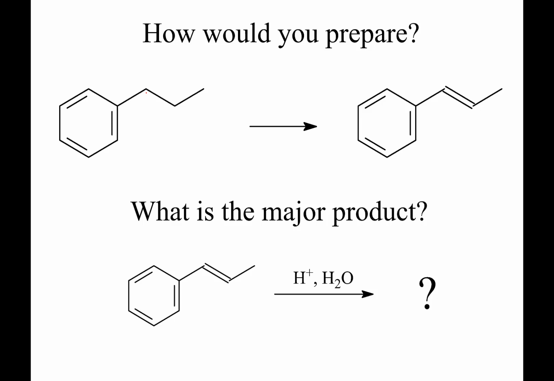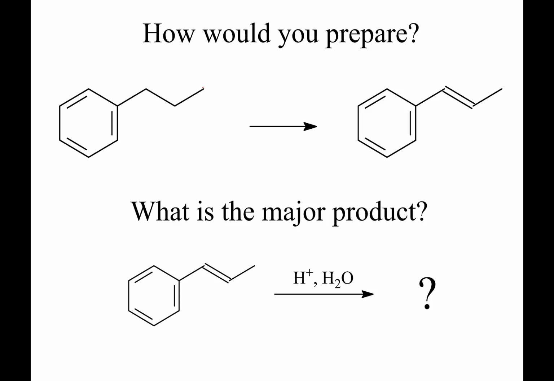Do free radical halogenation to put something on the benzylic position. So let's start with a free radical halogenation. Of all the reactions that I know that I can do on this alkyl benzene, we just talked about one, which was KMnO4. That's not going to be helpful, right?